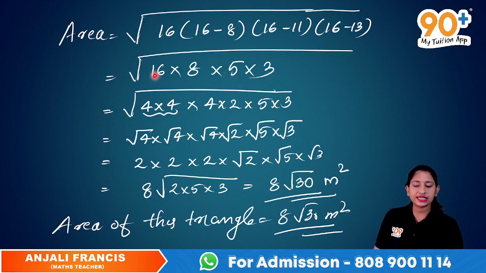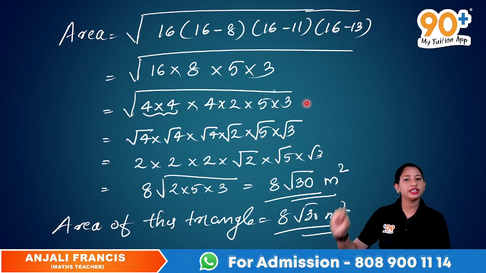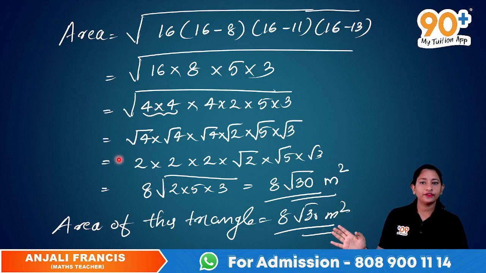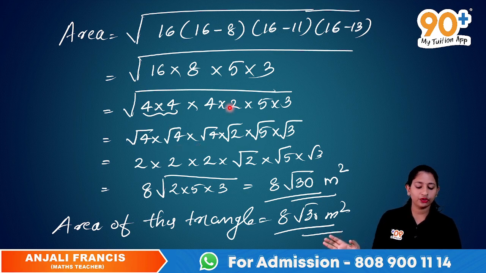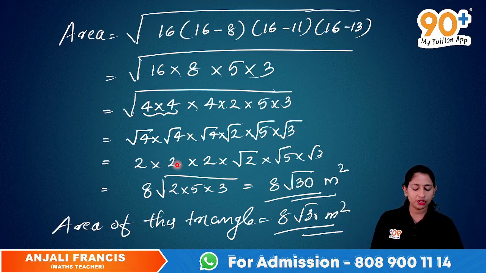So again 16 നമ്മൾ സ്പ്ലിറ്റ് ചെയ്യാണ്. It will be 4 into 4, 8 നമ്മൾ സ്പ്ലിറ്റ് ചെയ്യുമ്പോൾ 4 into 2, 5, 3 അതുപോലെ തന്നെ എഴുതും. Then √4 into √4 into √4, √2, √5, √3, നമ്മൾ റൂട്ട് വാല്യൂസും സ്പ്ലിറ്റ് ചെയ്യാണ്. So here 2 into 2 into 2 into √2 into √5 into √3 എന്നാണ് വരിക.